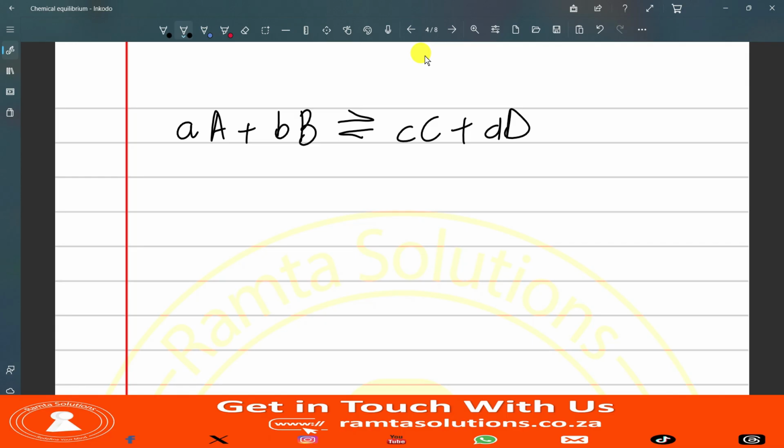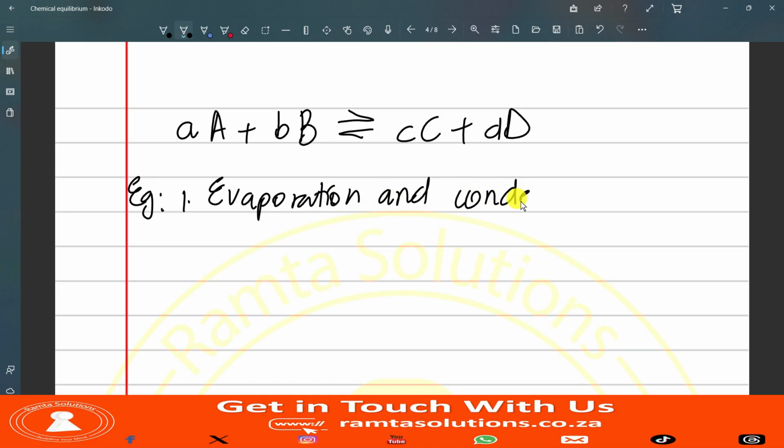Now our examples. One, evaporation and condensation. Let's represent it. In a closed container, we will have, for example, liquid water.